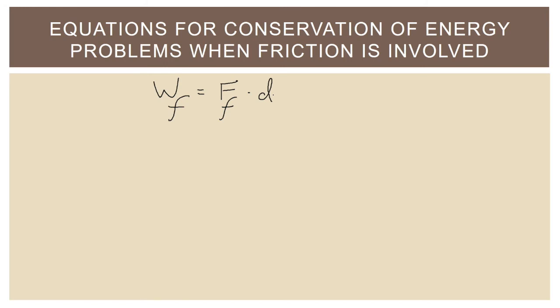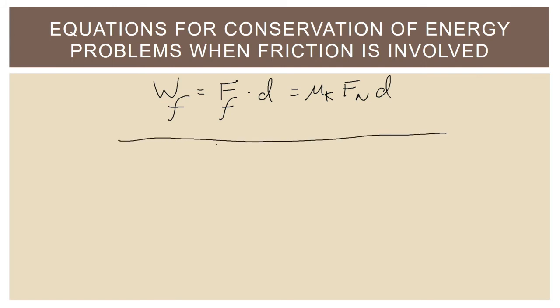This kind of equation is used most generally for problems that are referred to as stopping distance problems, where you are asked to find out how long it's going to take an object to come to a stop, like that kid sliding into second base, or a lot of times they do that with a car jamming on the brakes on the road. Either way, it's the same idea. You take the friction force, you multiply it by the distance to find the work. And so if you already know the work, you divide by the friction force to find the distance.